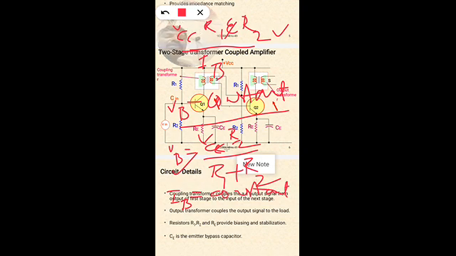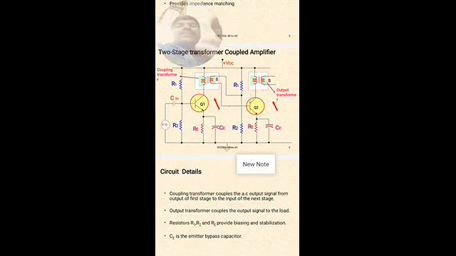When IB is constant, IC, which is equal to beta times IB, is also going to be constant, so that will fix the operating point. So VCC, R1, R2 provide the necessary biasing in the circuit, and RE, the emitter resistor, provides the stabilization.